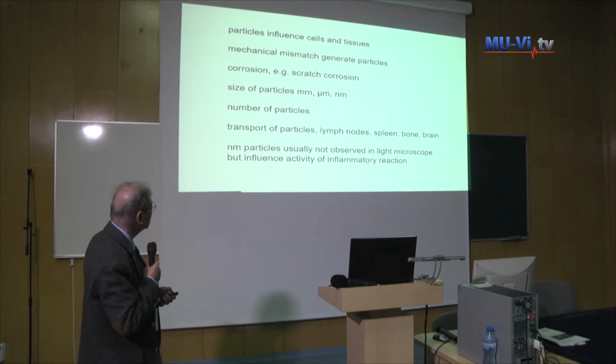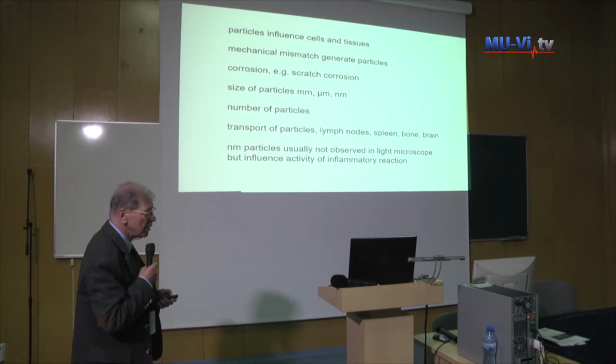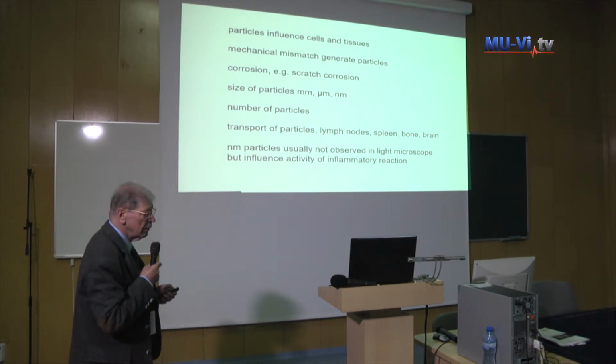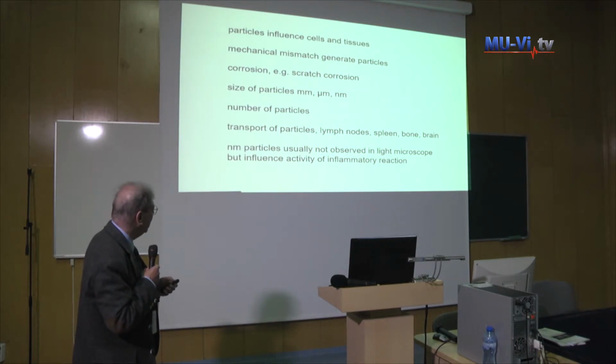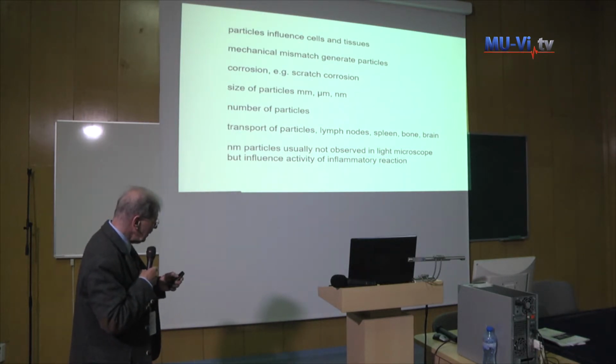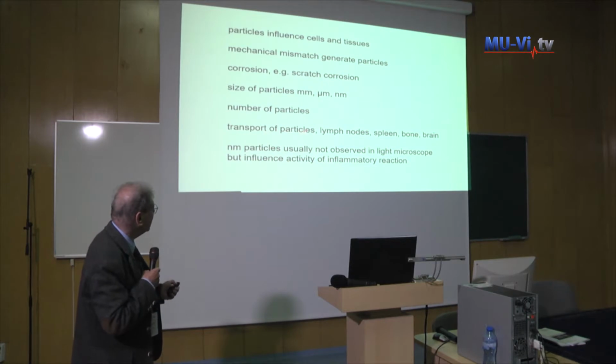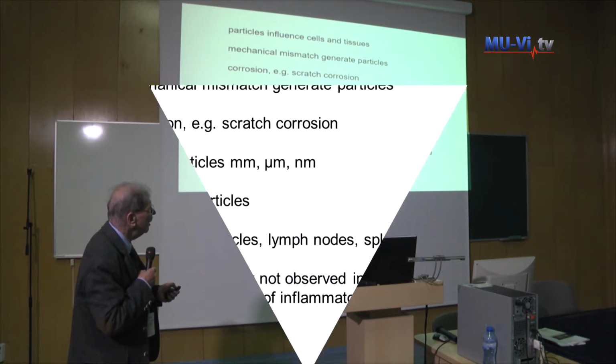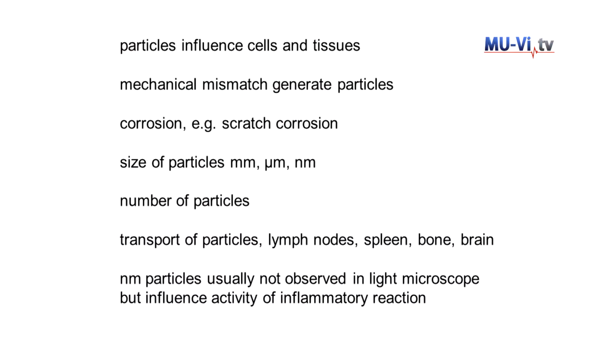Some particles may be tolerated if a limit is not recognized. There is inflammation, particle-induced inflammation. And these particles can be transported to the regional lymph nodes, remote lymph nodes, spleen, bone, and even brain. So this is really relevant.